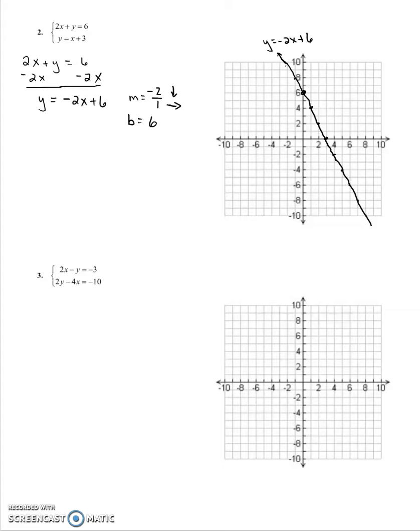The other equation is y equals x plus 3. So this one has a slope of 1 over 1, which means up 1, right 1. And that's from the y-intercept of b equals 3. So if we graph that one, we start at a y-intercept of 3. And we go up 1, right 1.